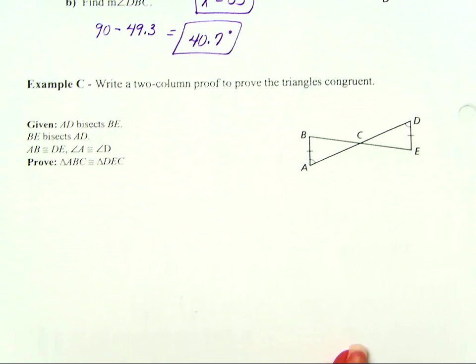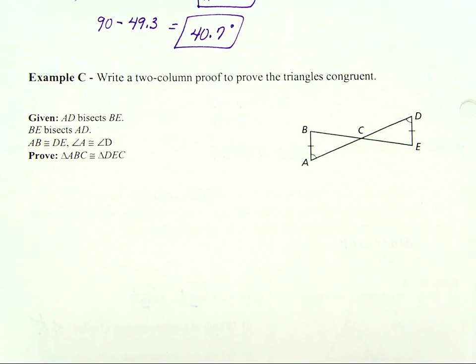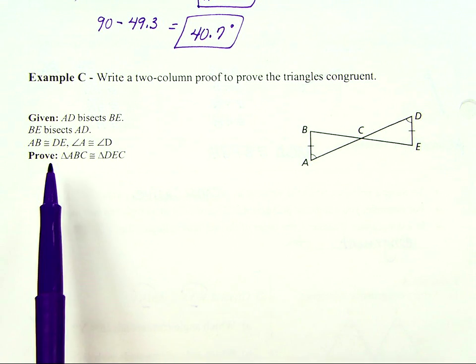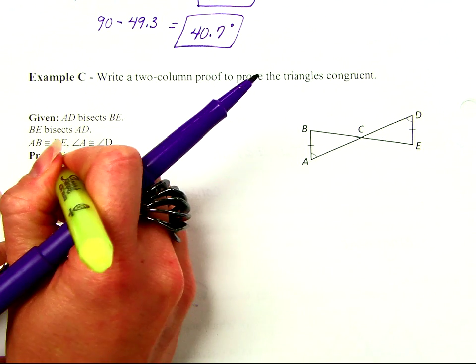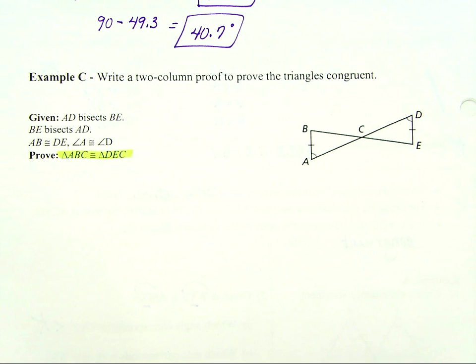Lastly, we are going to work on a proof, taking a moment to look at the diagram and then taking a moment to look at what I am trying to prove. I am trying to prove that triangle ABC is congruent to triangle DEC.